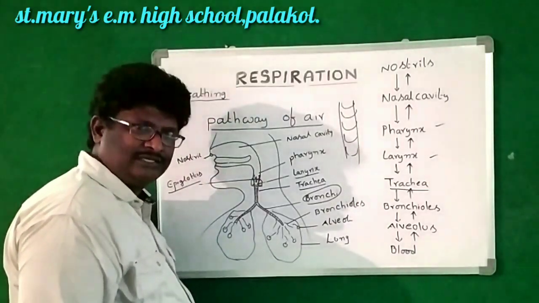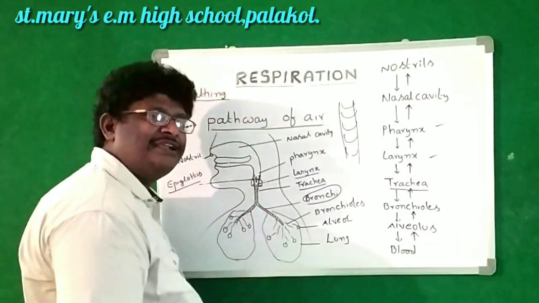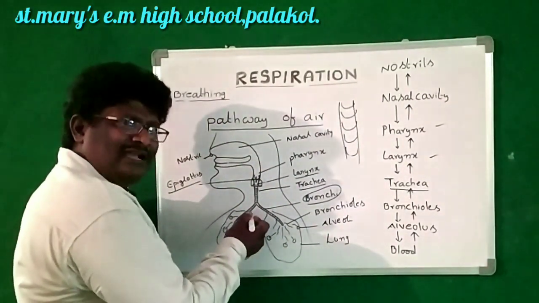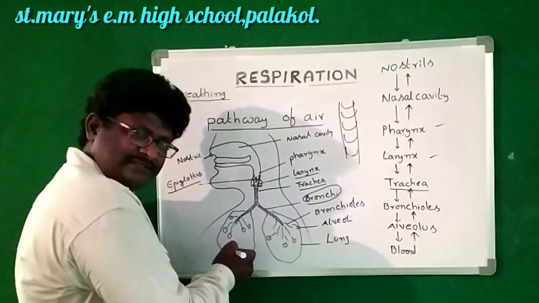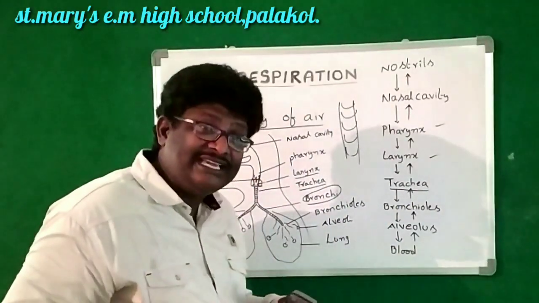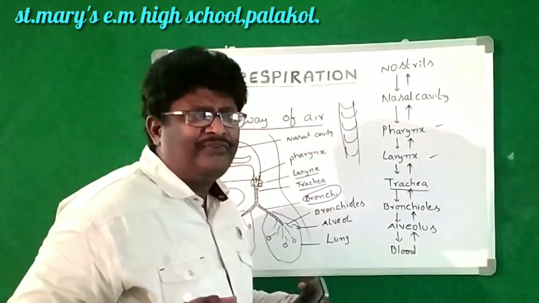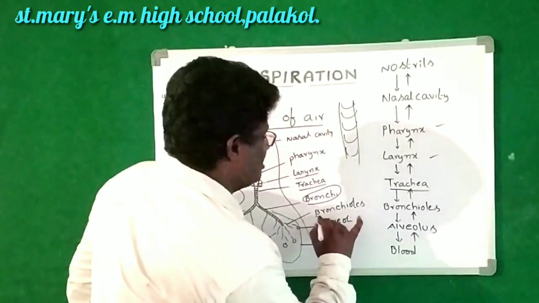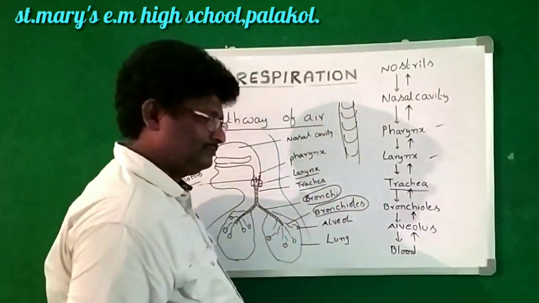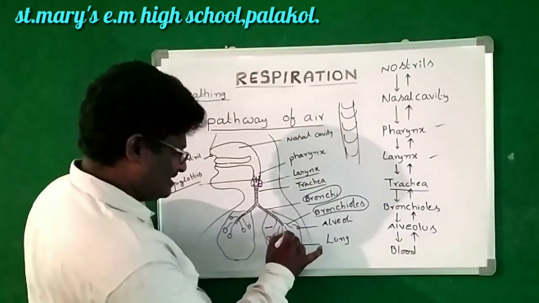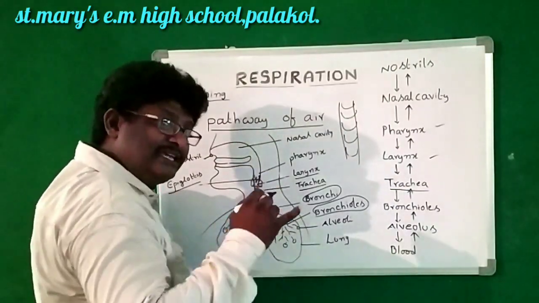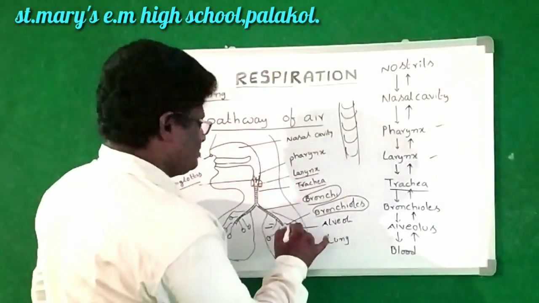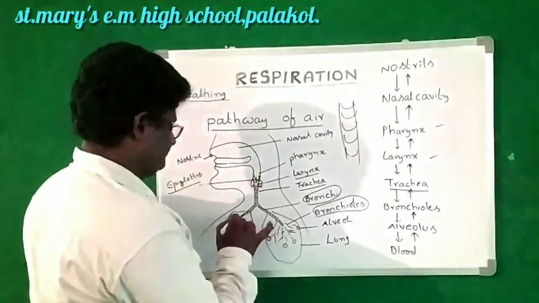Again, when the branches enter the lungs, each branch is divided into fine thread-like structures. They are called bronchioles.